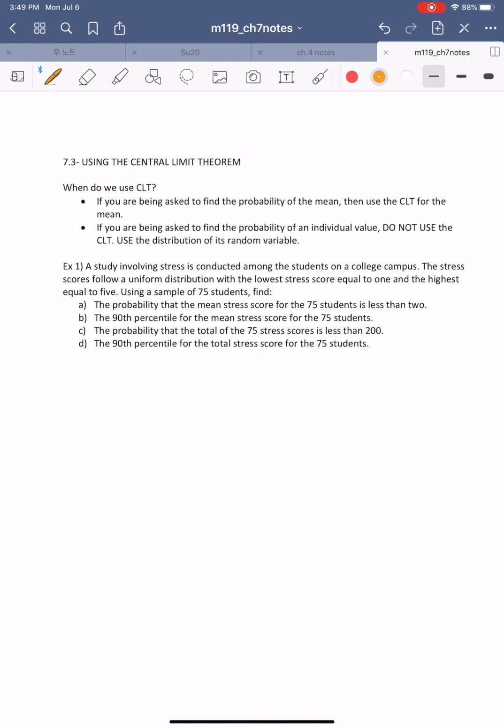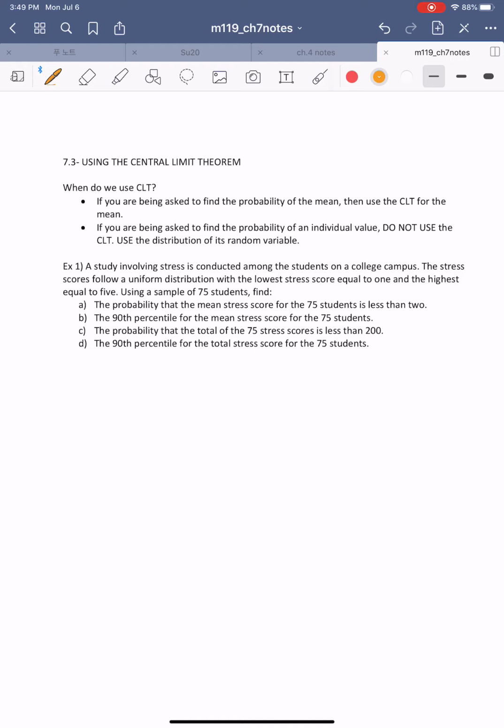Use a uniform or use whatever the distribution is. Now, if you are being asked to find the sum, then it will be CLT number 2, which is 7.2. Okay? So they're going to switch back and forth between X bar, X, and then the sum of X, and you have to keep organized and decide which one is which.